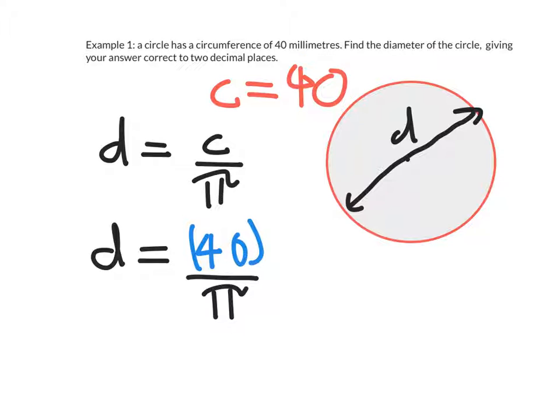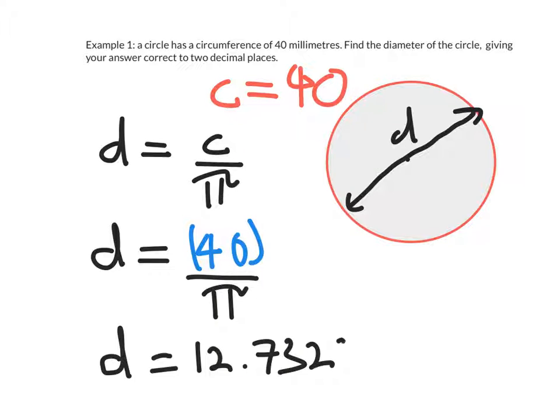So when we type that into our calculator, we see that d is equal to 12.73239545.